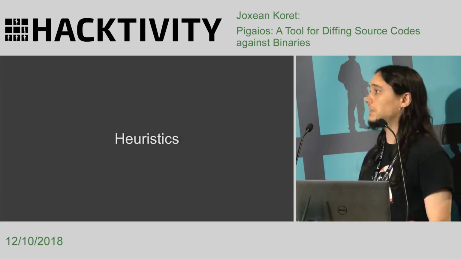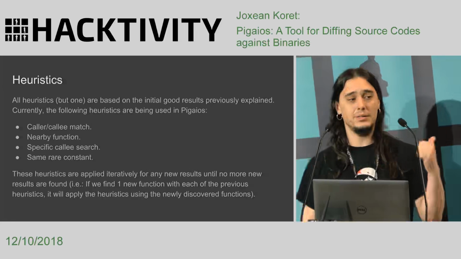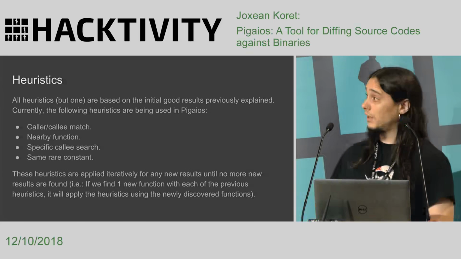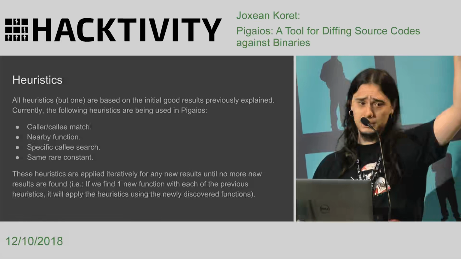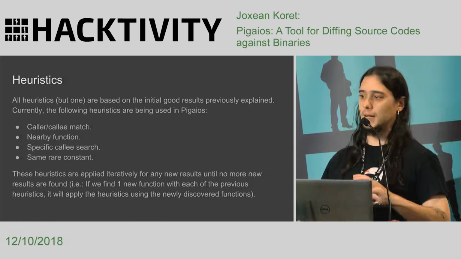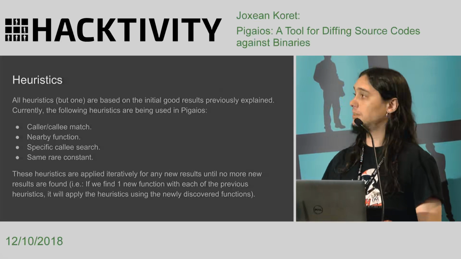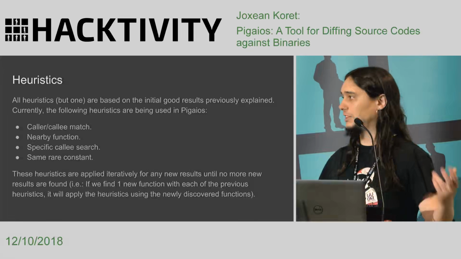So let's talk first about heuristics. All heuristics but one are based on the initial good results that I previously explained. And currently, the list of heuristics is the following: the callers and the calls, that's it, call graph related heuristics; the nearby functions, specific callee shortest, and some rare constants.